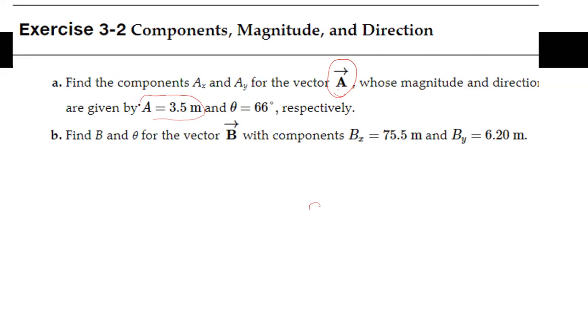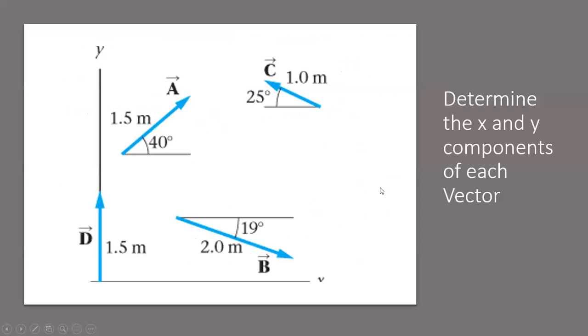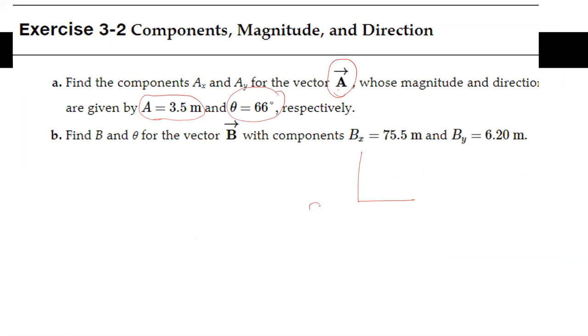This is the vector magnitude and theta 66. Okay, all right. And so that means the vector is given something like this. Oops, sorry, I'm messing this up. Let's use this.